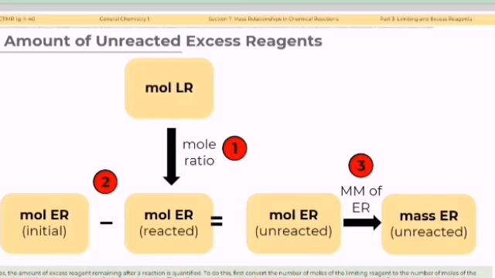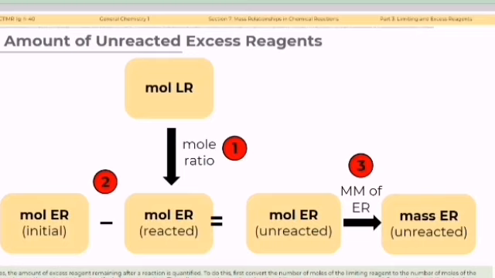Sometimes, the amount of excess reagent remaining after a reaction is quantified. To do this, first, convert the number of moles of the limiting reagent to the number of moles of the excess reagent using the mole ratio based on the balanced equation. This will give you the number of moles of the excess reagent being consumed.